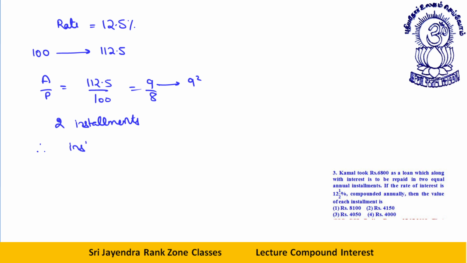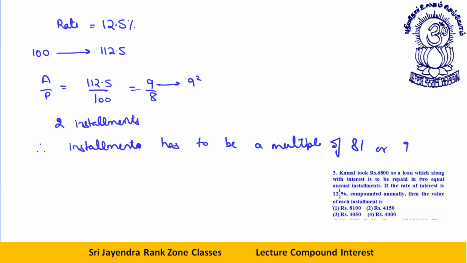Therefore installment has to be a multiple of 81 or 9.